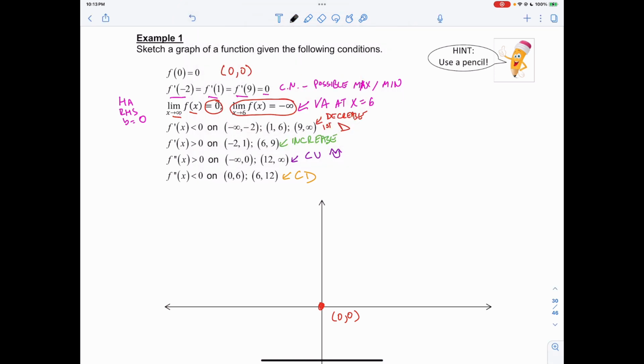So let's take those f prime of x's. And what are the points it gives us? Negative 2, 1, 6, and 9.